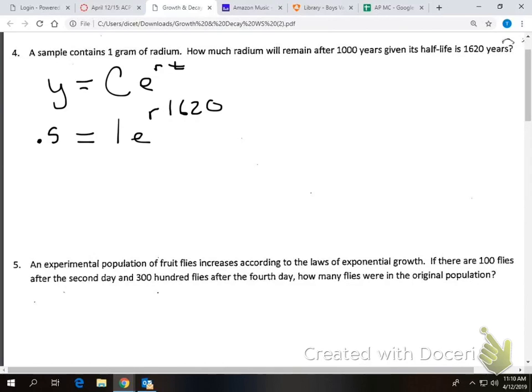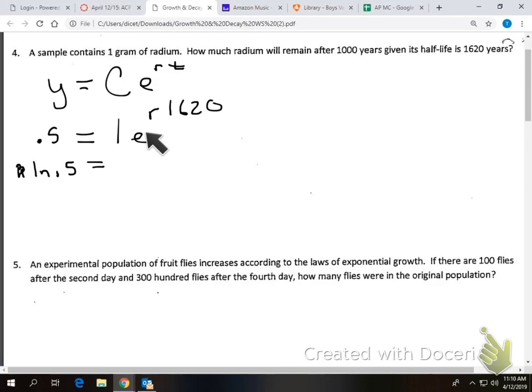1,620. Okay, so how do I solve for R? First, we do what to both sides? The ln, so we're going to rewrite this as the natural log of 0.5 equals, you actually would have divided by 1 first, but 0.5 divided by 1 is 0.5, right?